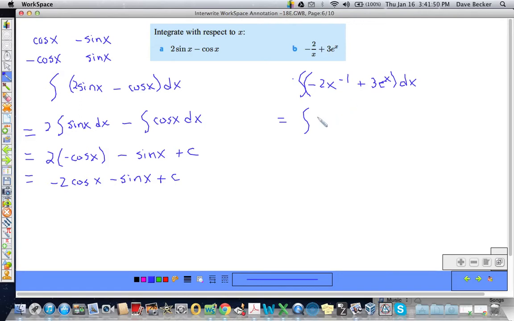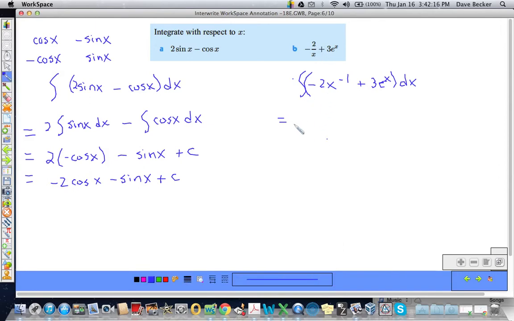Sorry, not the integral, sorry about that. So I would add 1, right? So I would have negative 2 x to the 0 over 0. Uh-oh, that is a common mistake, and you think it's not integrable. Well, I'm going to do this again, and hopefully you're going to recognize this.